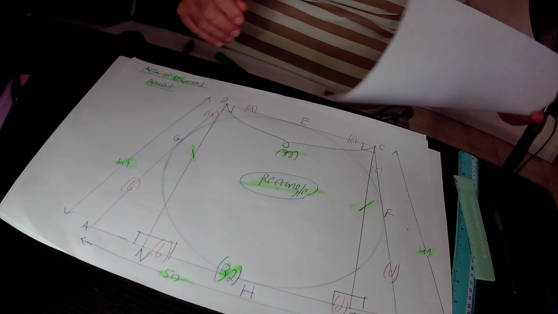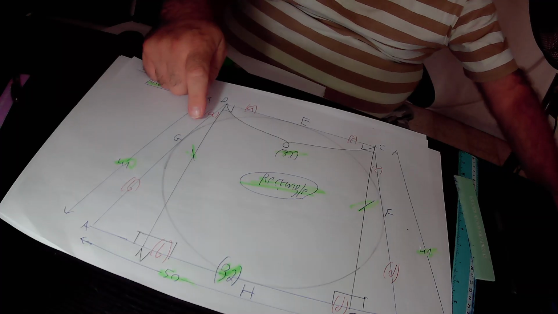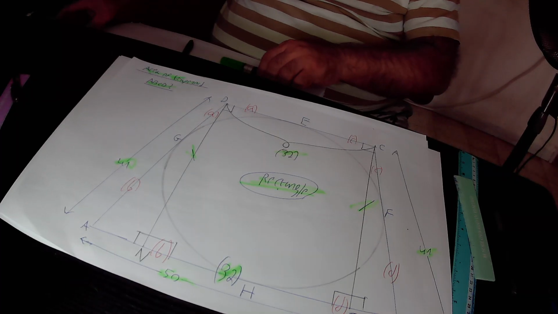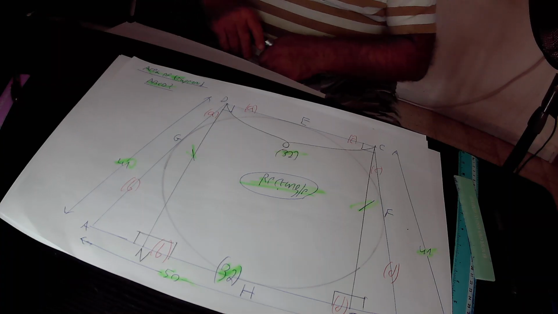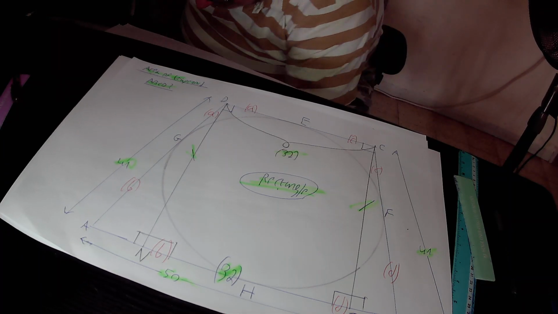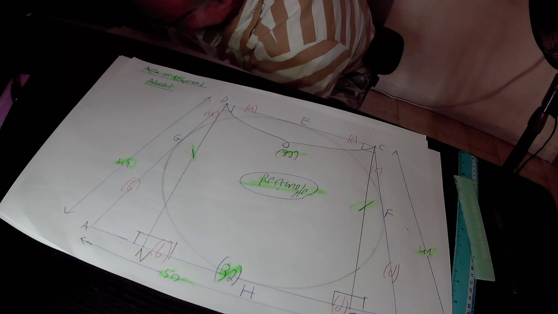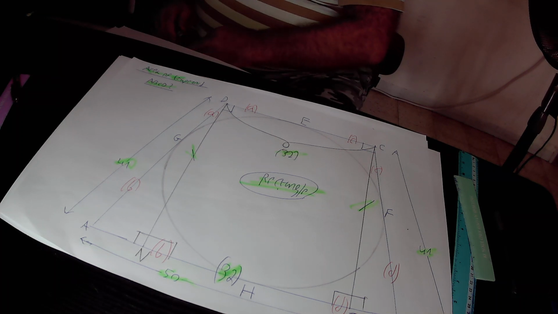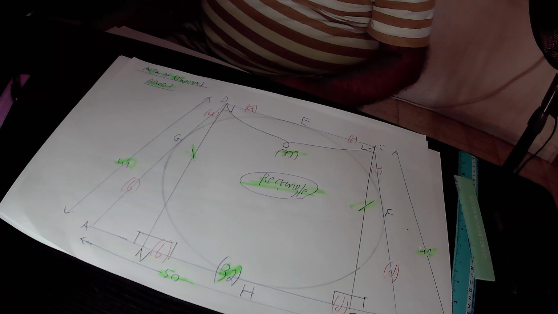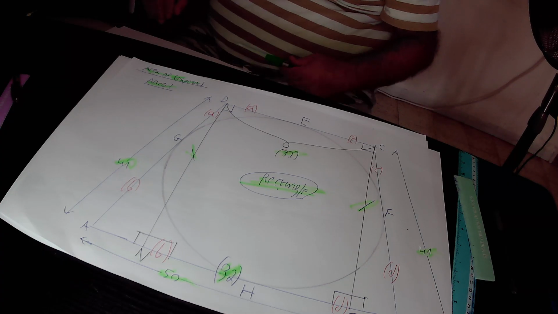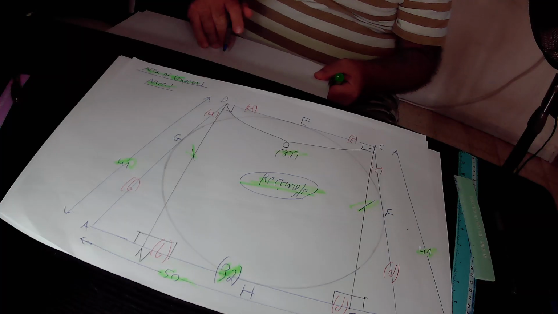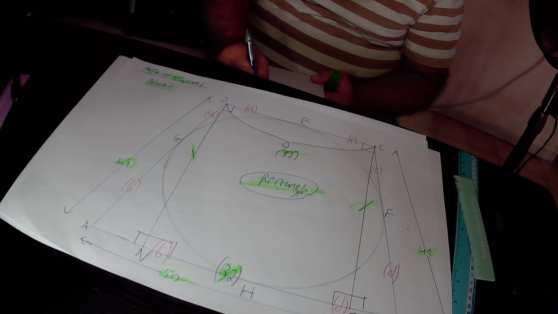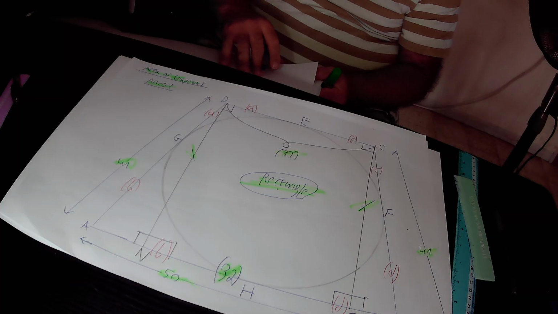So that is done. We found that the right triangle DNA is congruent.